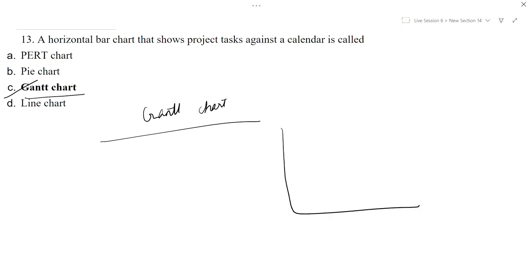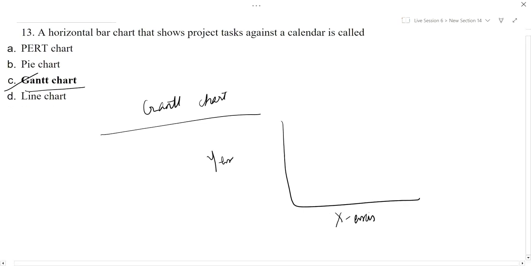Suppose this is the x-axis, sorry, there was some problem, y-axis. Now here we can say the job number, and here we can have the time.